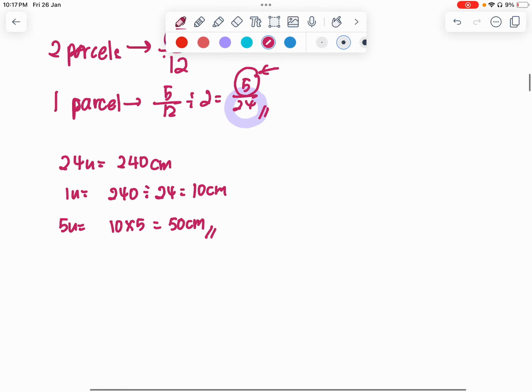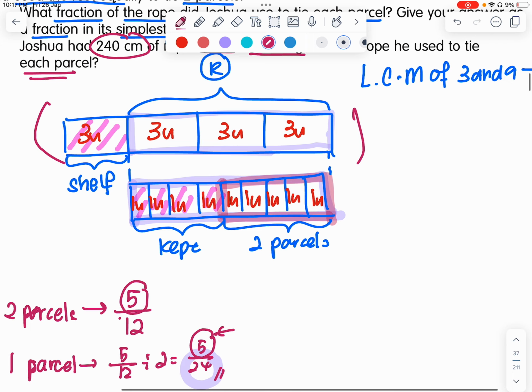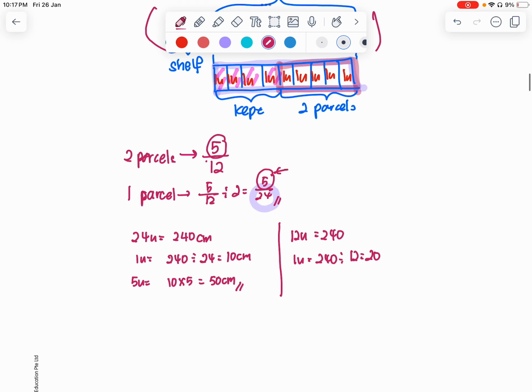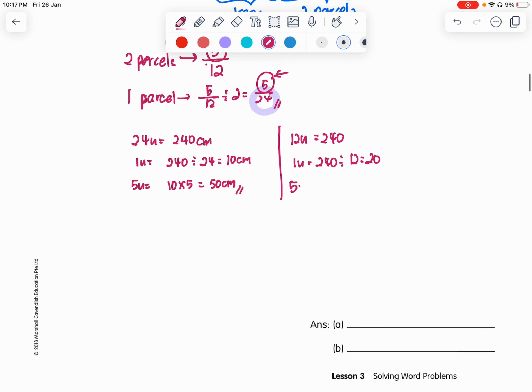Of course, you can also follow the model here, which is 12 units in total. So 12 units is 240 cm, and 1 unit is 240 divided by 12, which is 20 cm. My total used for the 2 parcels is 5 units, so 20 times 5 is 100 cm.